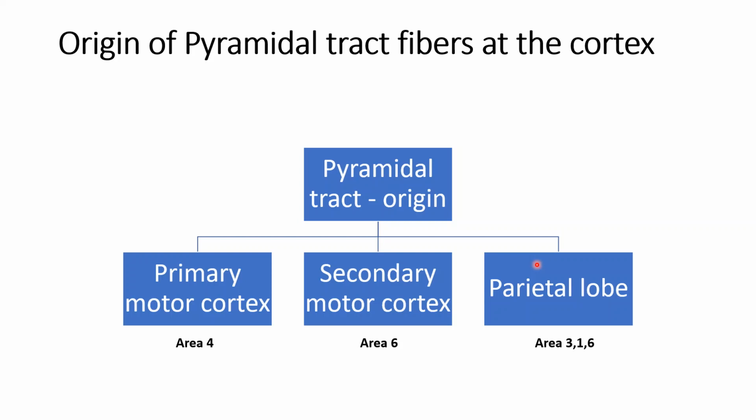If you want, you can tell the areas, and then you go forward taking the course through the corona radiata and the internal capsule. So when you tell the course of the pyramidal tract, tell like a postgraduate, don't talk like an undergraduate, be more precise. Ensure that a depth is added to your description.